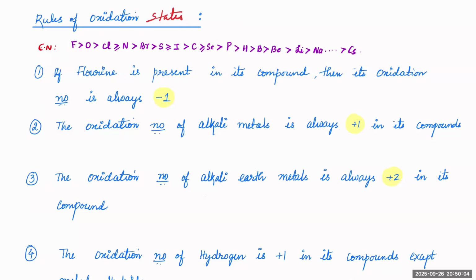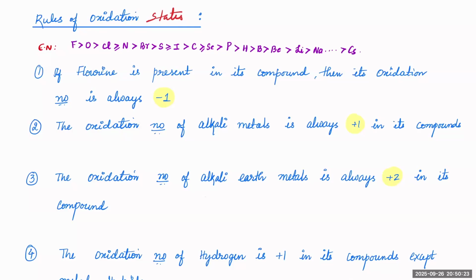Majority of the non-metals will be greater than hydrogen, and all the metals will be less than hydrogen. Clear, everybody? That's a very important point to understand.